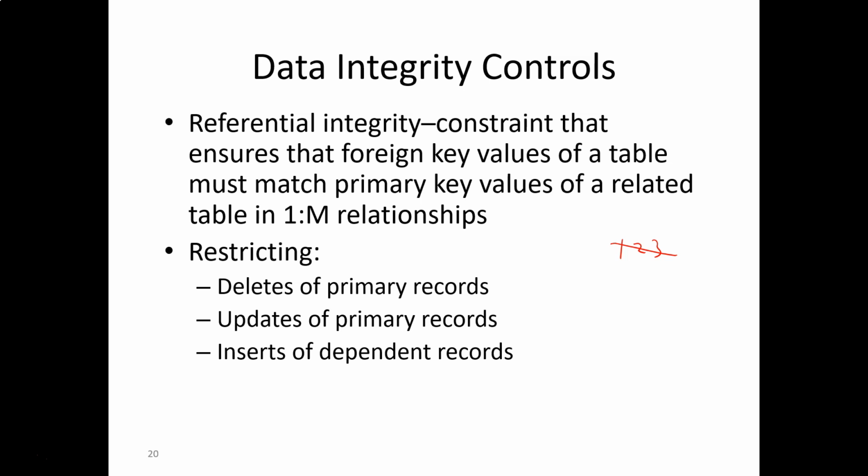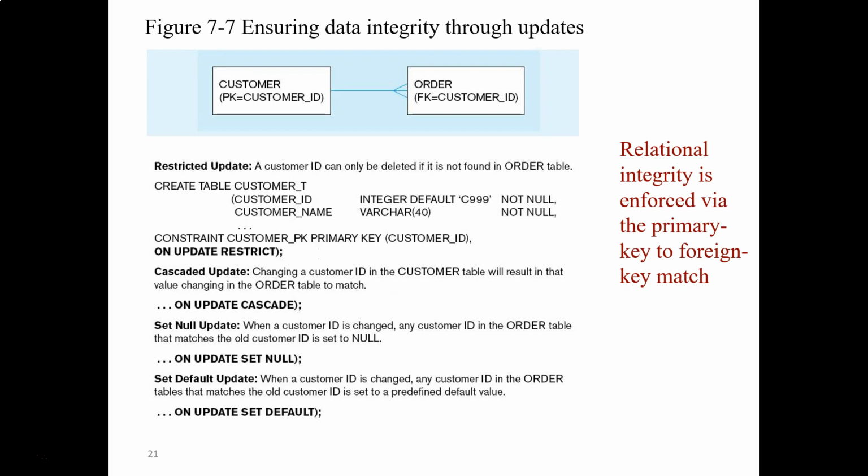Well, the CREATE TABLE command also provides a solution for us. This slide shows a few slightly modified CREATE TABLE commands. The modifications are in bold letters. There are 4 ways to enforce referential integrity: restrict, cascade, set null, and set default.